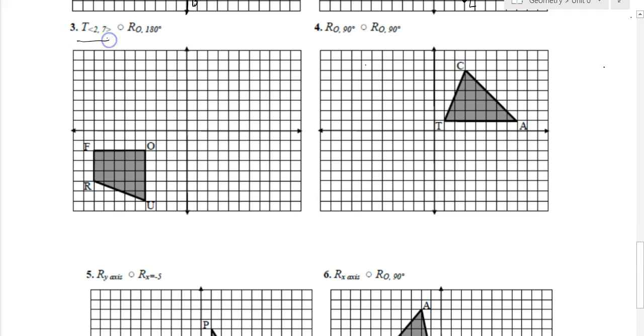Translate 2 to the right and 7 up. So 2 to the right and 7 up. 1, 2, 1, 2, 3, 4, 5. We'll put F up there at F prime. 3 down from that is, oh, that's an R. R prime.